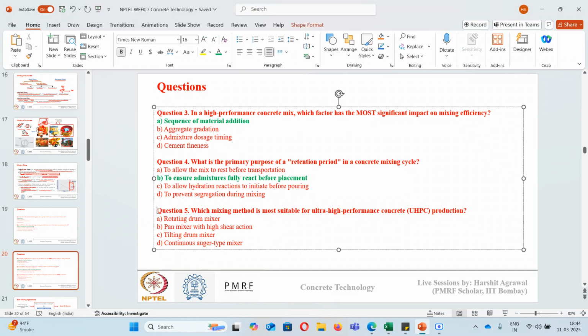Now answer this last question before we move ahead again. Which mixing method is most suitable for ultra high performance production?